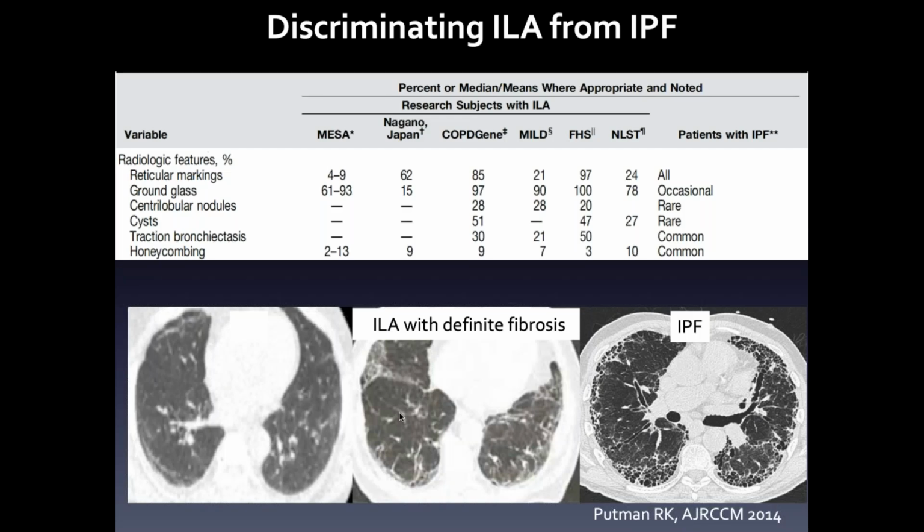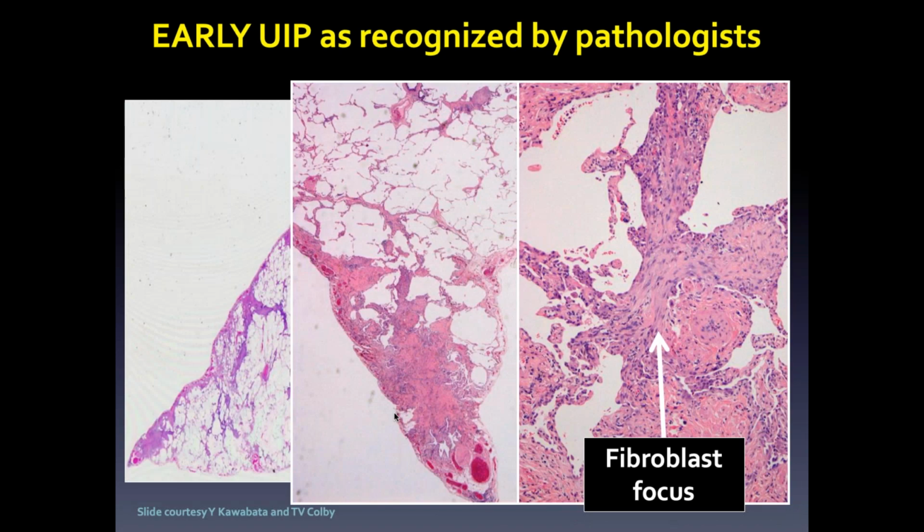So the separation between ILA and IPF can be very difficult. We don't know so far where the boundaries are, because the definition is mainly based on high-resolution CT scan. But we know that histology UIP pattern is UIP pattern from the beginning.